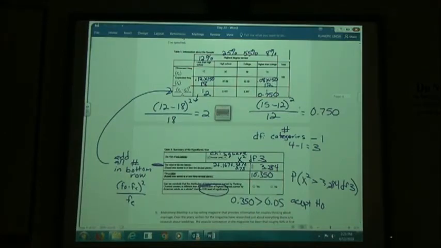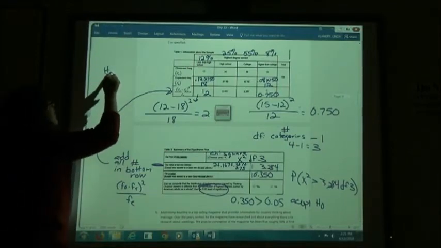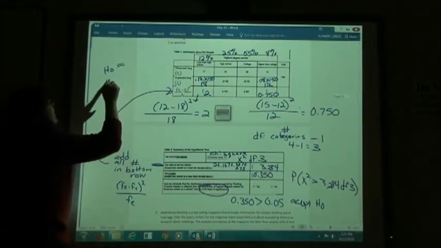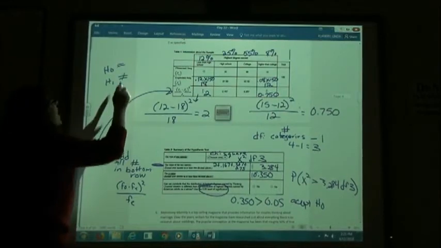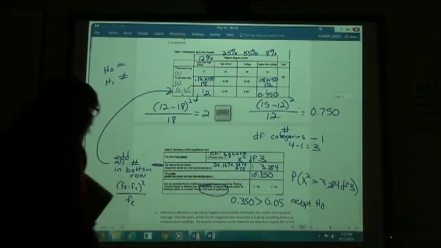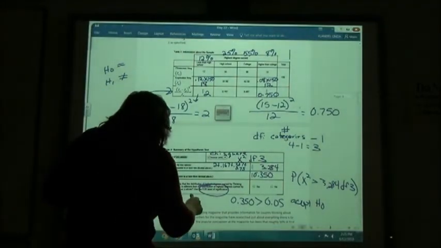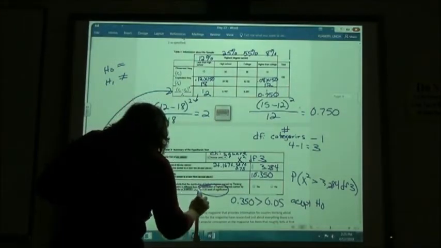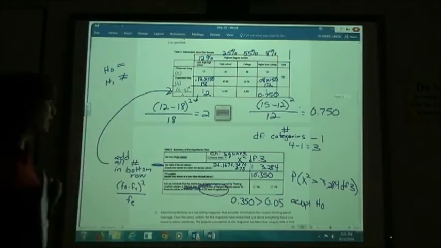So, they didn't have us write what our statements were. If we were doing our test statistics, when we did the null, we know it is going to be equal. The alternative one means it's not equal. The question asks, can we conclude that it is different?